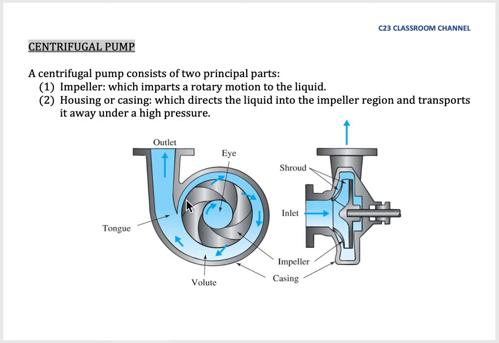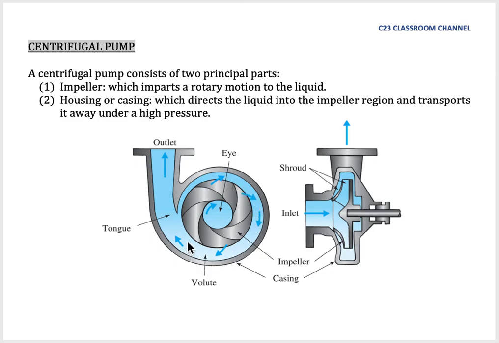It is purposely designed like this because, as you know, at a small cross-section area, if the flow rate is constant, let's say there is no leakage, then at a very small cross-section here the velocity is high, so the pressure is low.